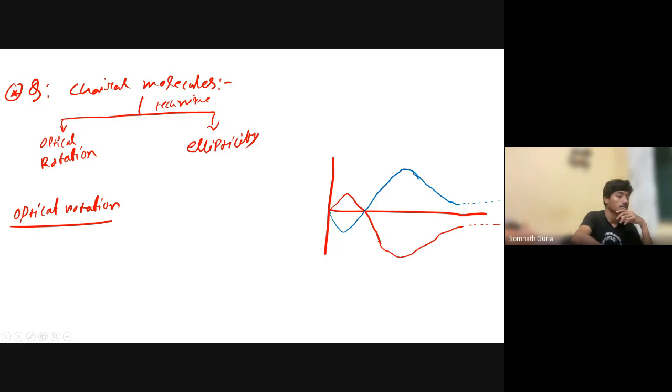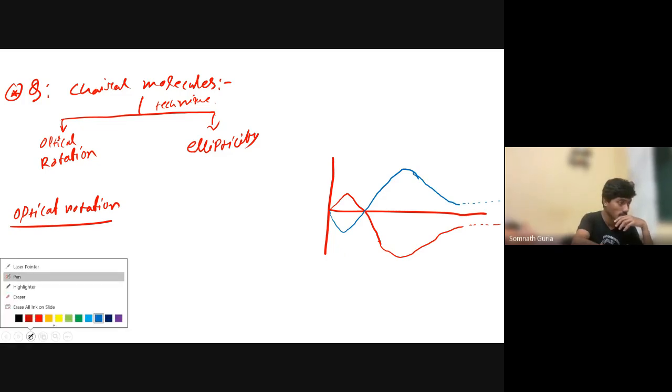Okay, so these are the cotton effects we can find in the optical rotation experiment.